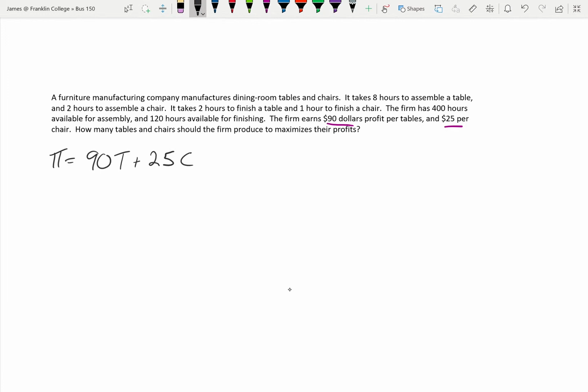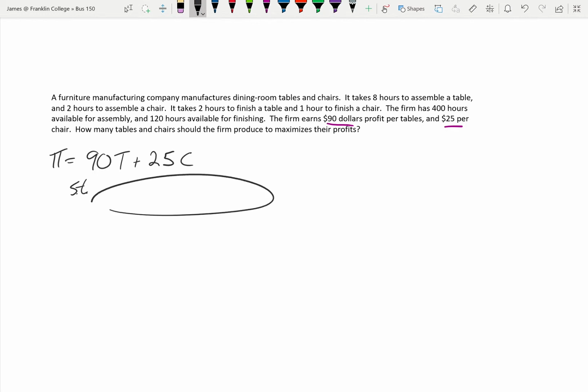So if we earn a profit of $90 per table and $25 per chair, the total profit is simply going to be $90 times the number of tables that we produce plus $25 times the number of chairs that we produce. Alright, but we're going to have to subject this to our ability to assemble and finish chairs.